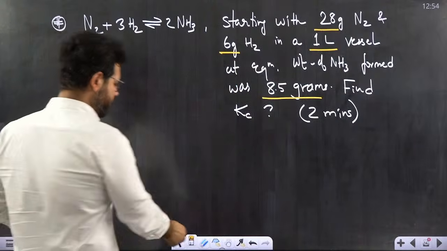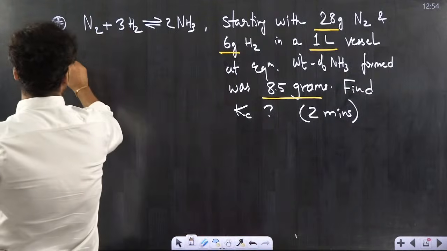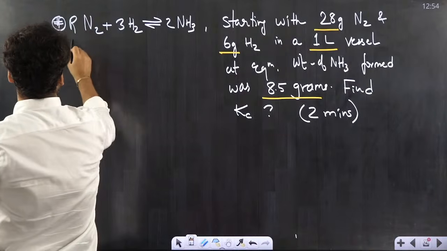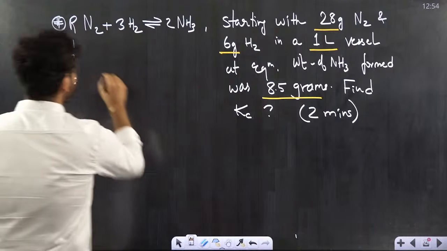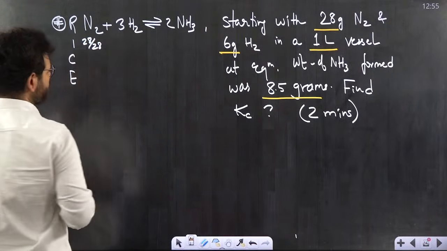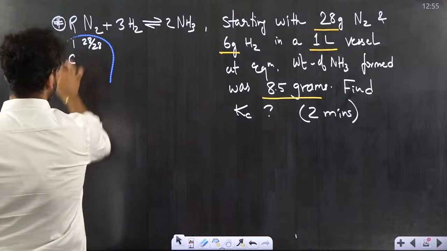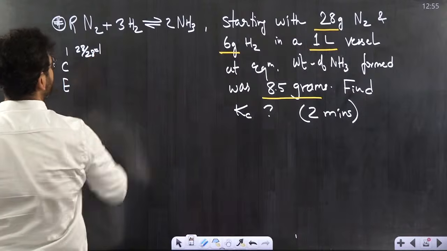Let us see now. I hope that you are also getting the answer for this the same way. So I'll write RICE. Reaction, initial, change, equilibrium. Initial concentration. Nitrogen is 28 gram. 28 gram means 28 by 28, 1 mole. Initially, nitrogen was taken 1 mole in 1 liter.